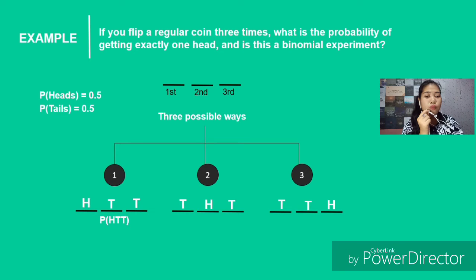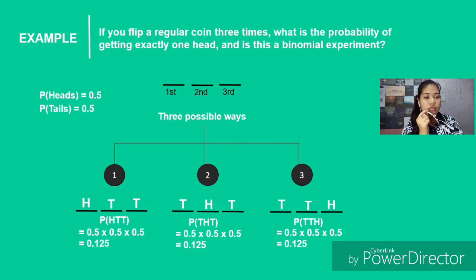This is equal to 0.5 times 0.5 times 0.5, and this is equal to 0.125. When we calculate the probabilities for the second and third outcome, you'll find that they will also be equal to 0.125. Now all we have to do is add these probabilities together to get the answer.